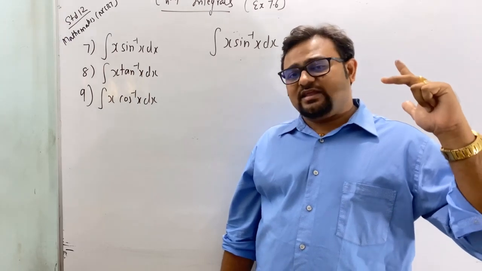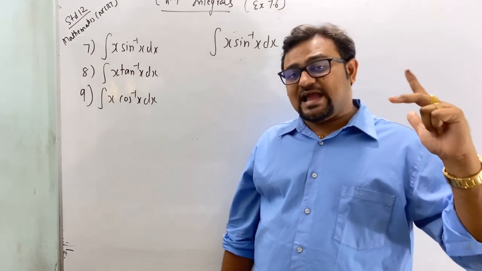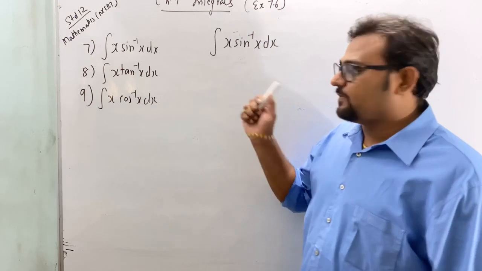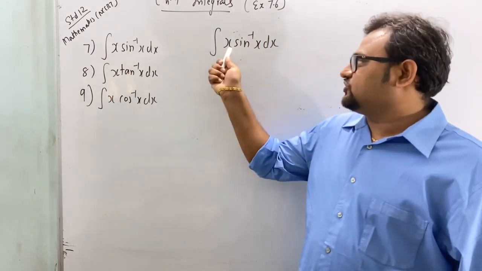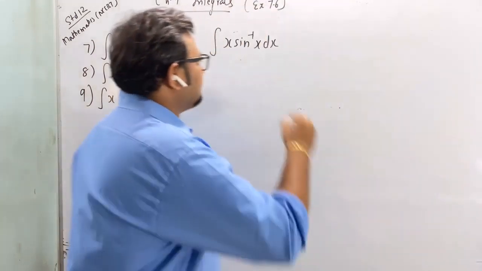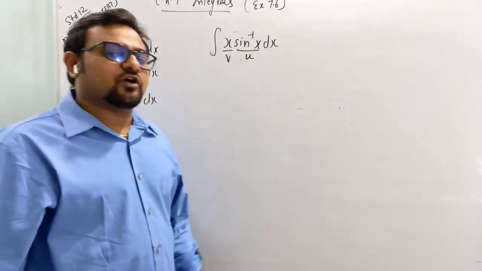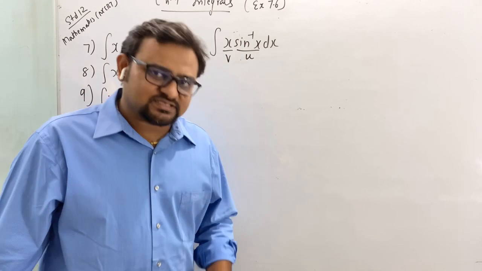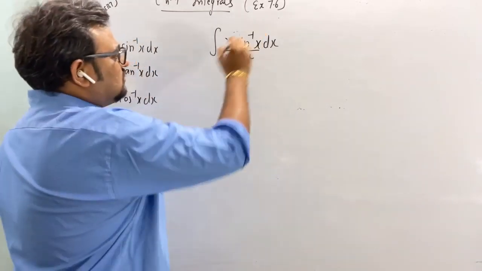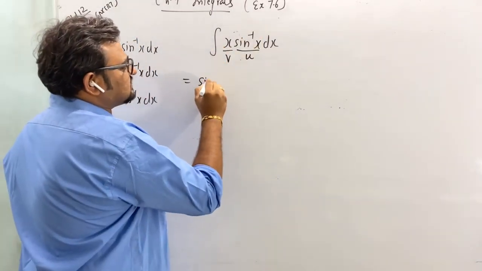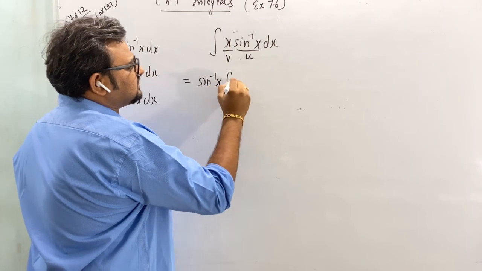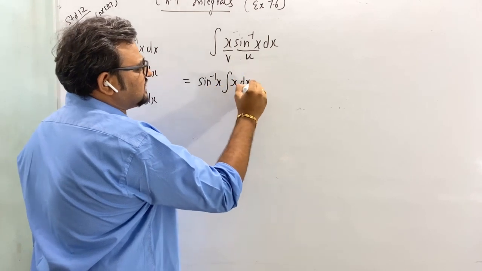Okay, A, algebraic, third priority. So I will take this as u and this as v. Clear? So what was our formula? u as it is, integration of v. So sine inverse x as it is, integration of v means x dx.